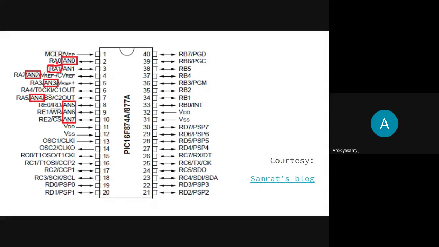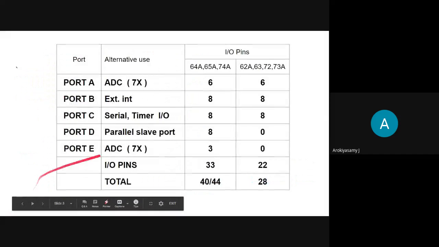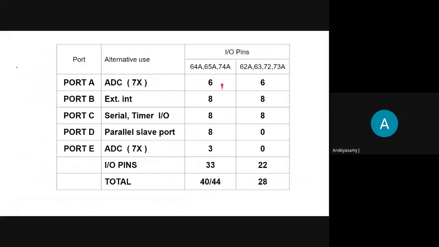As you have seen in the previous table, there are 6 pins in port A, shared between ADC and port A. So port A and ADC functions are multiplexed.